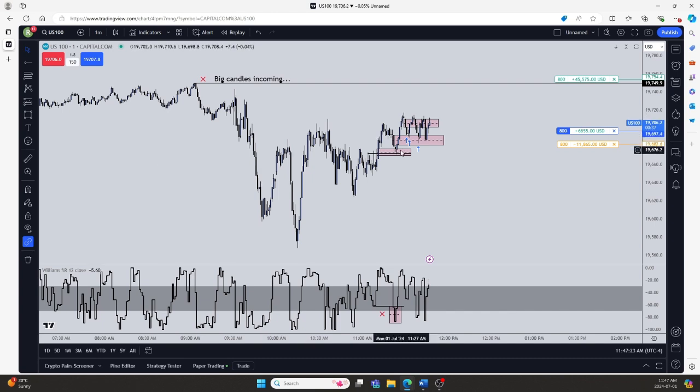Notice how price again, when we did come back down here into this balanced price range, where did we come to? Right at consequent encroachment. Okay? Perfect. And then we got right back out of there. So I really do like this. It's a good sign for our trade. That's why you always want to put your stop loss below the low.